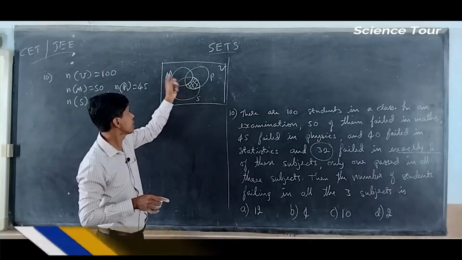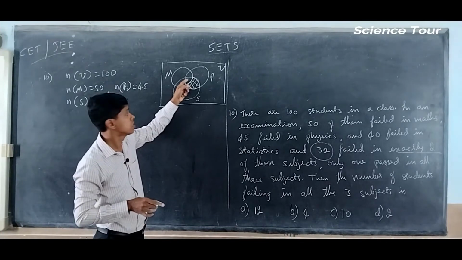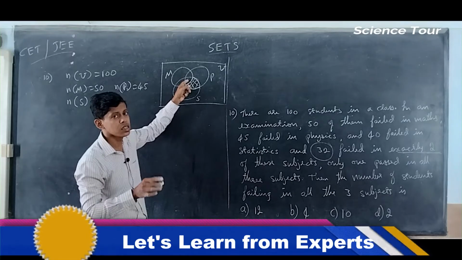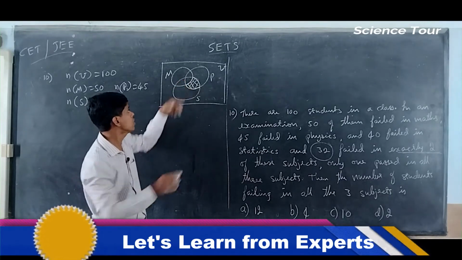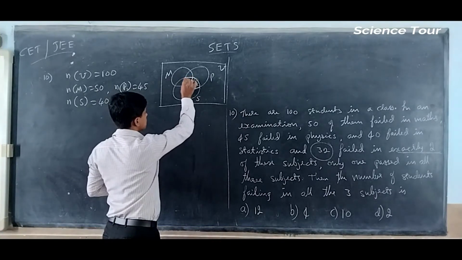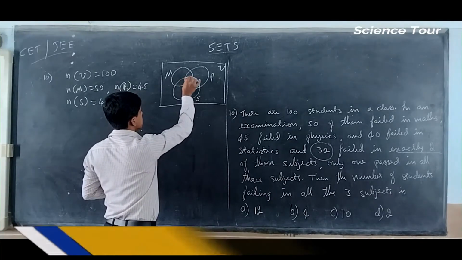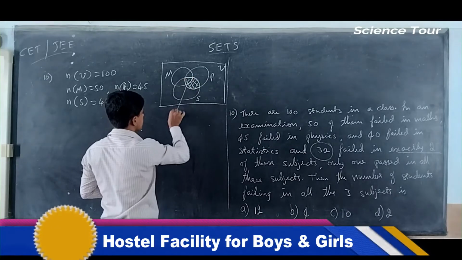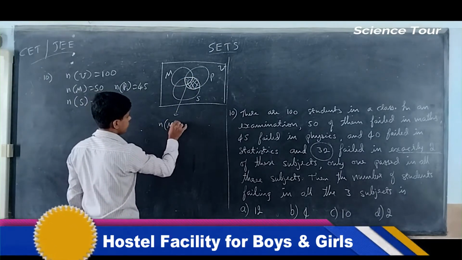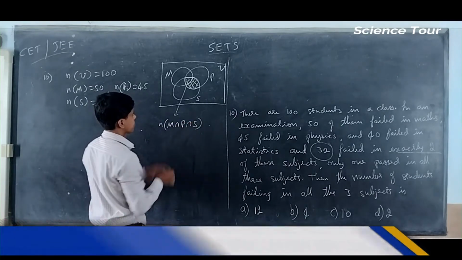They did not fail in maths, therefore they don't come here. This is the region which represents the number of students who failed in all the 3, that means maths, physics and stat.